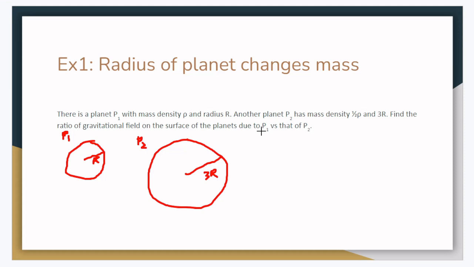If we remember, the equation for gravitational field is simply G times the mass of the planet, m1, over the radius squared. If we're trying to find the gravitational field of P1, let's do that first.